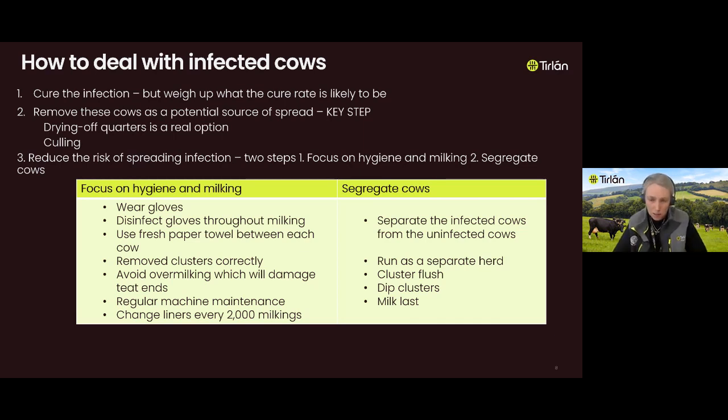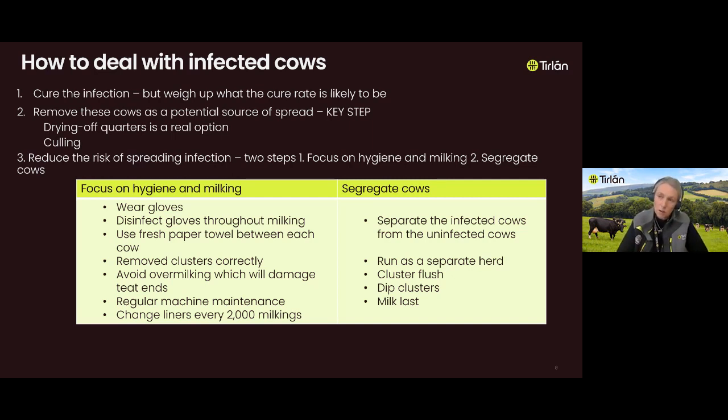So back to some of those cure things that Joris was covering. I would say to people, weigh up what you are trying to address. The most important thing is always about segregating your cows and making sure that your infected cows are not going to infect the uninfected cows. And to do that, I would always say go back to milk recording, and make sure you're doing an early milk recording and getting a handle on which cows are infected or uninfected.